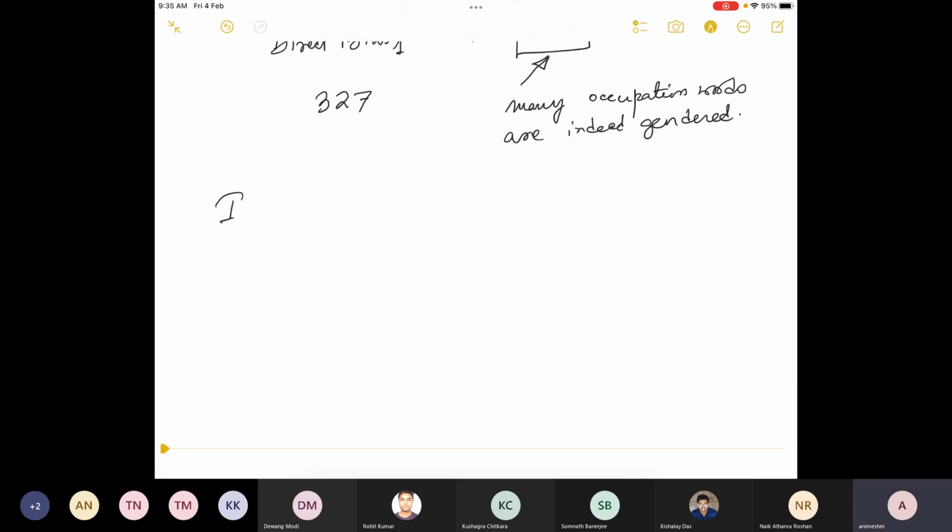Now the next part, which is more interesting. How do you capture the indirect bias? How do you quantify the indirect bias?